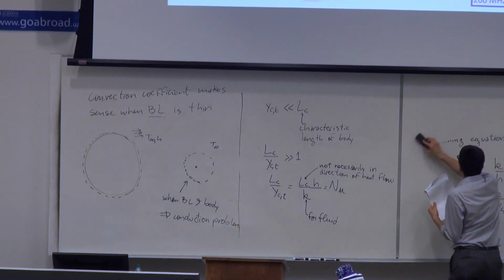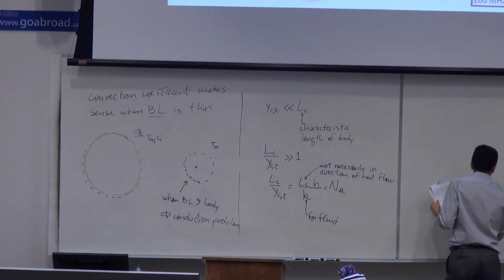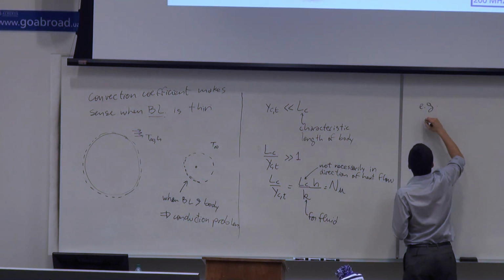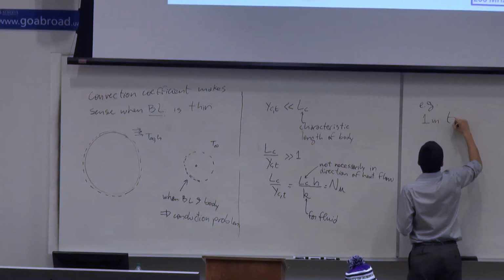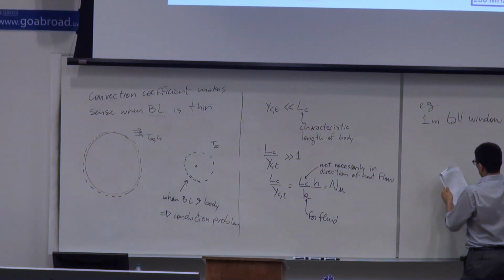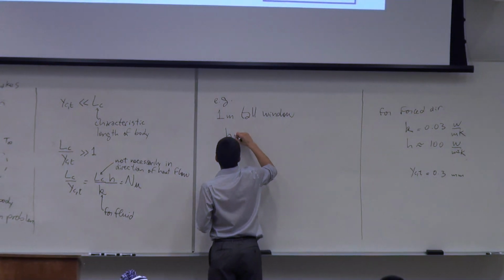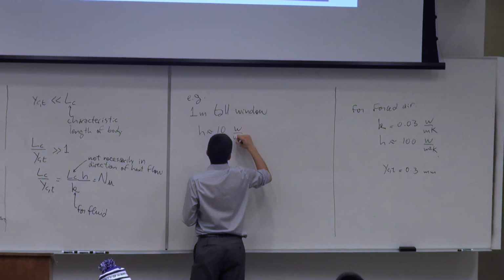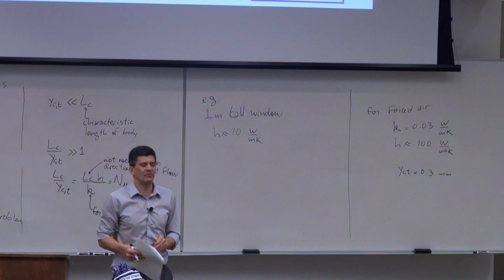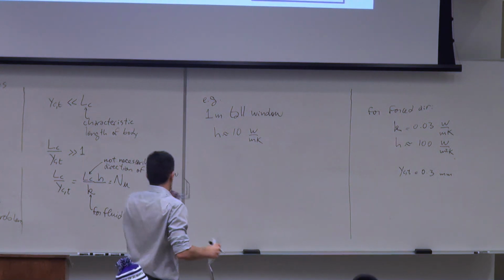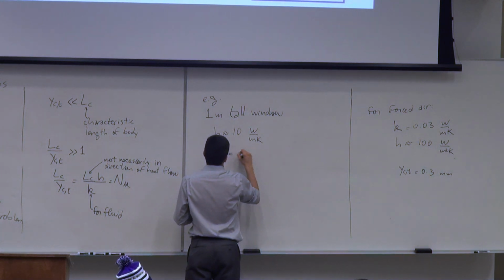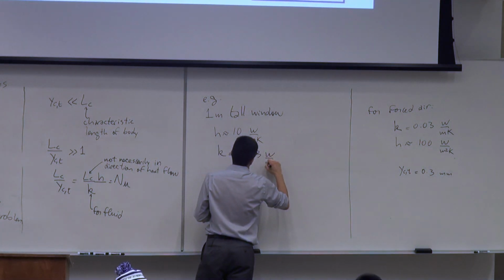Let's do one sanity check here. For example, a 1 meter tall window. Let's say H for that would be more or less 10 watts per meter squared Kelvin if it is an indoor window. That corresponds to stagnant air. And K for air is 0.03 watts per meter Kelvin.